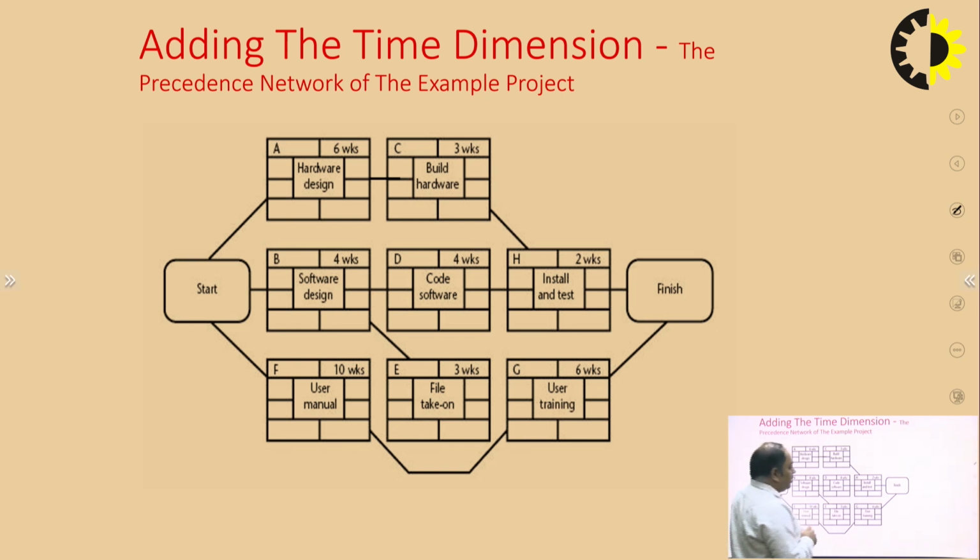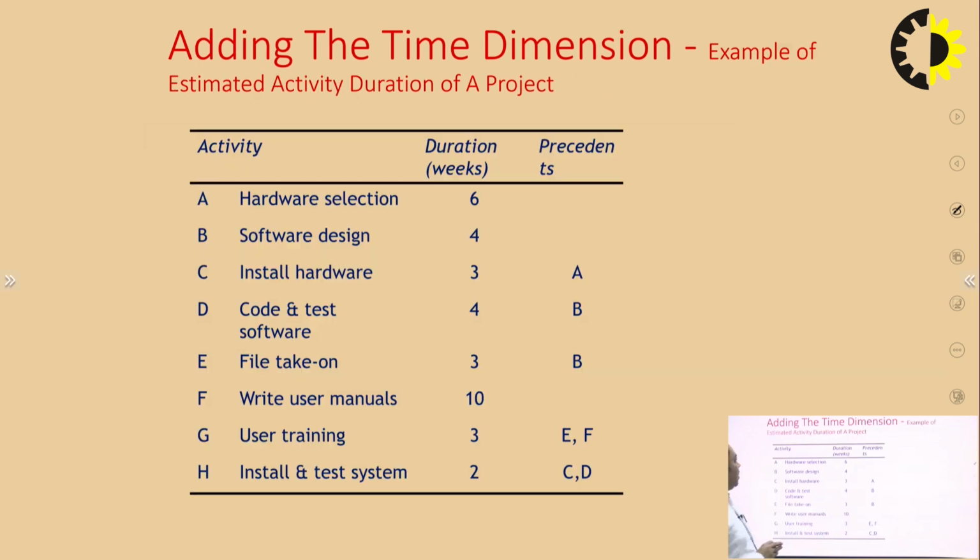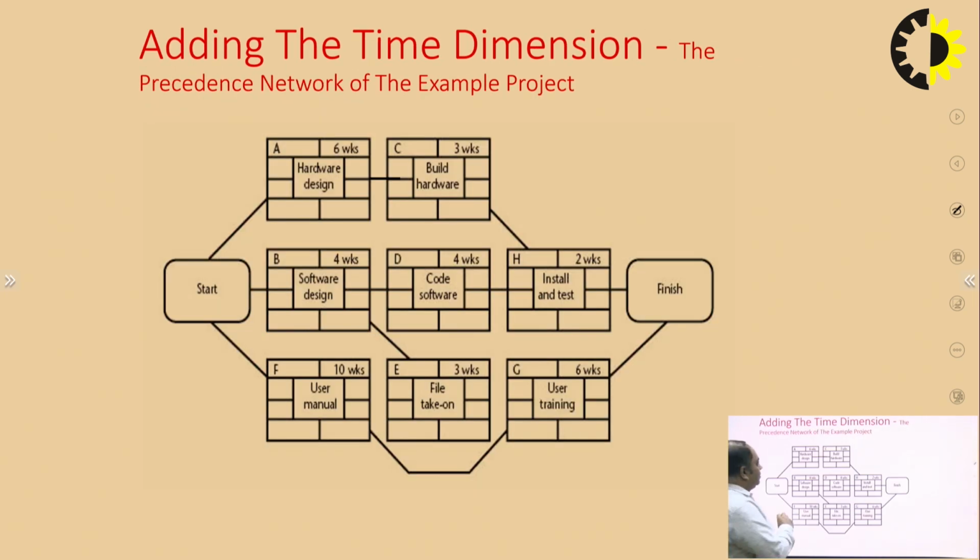Activity H has 2 weeks. Activity F has 10 weeks. Activity E has 3 weeks and activity G has 3 weeks. So what we have done is an initial step in which we label our activities, then write the duration required and the description of each activity.